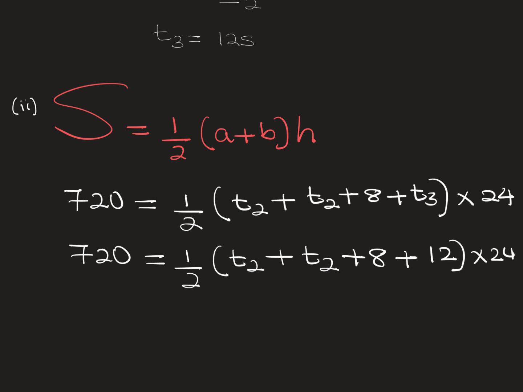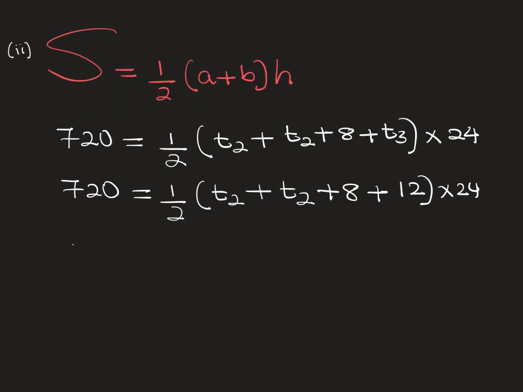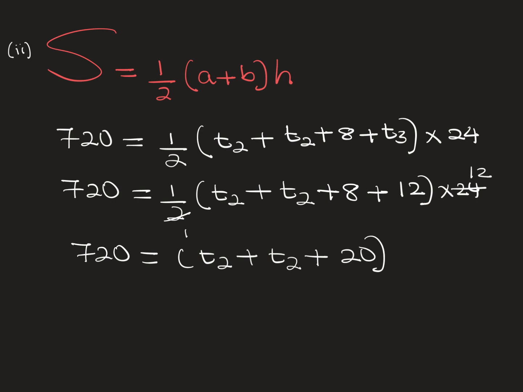Multiply this by 24. 720 is equal to, 2 here into 24 will be 12. So 2 goes once, here is 12. Then we'll have T2 plus 8 plus 12 is 20. Then multiply this by 12.